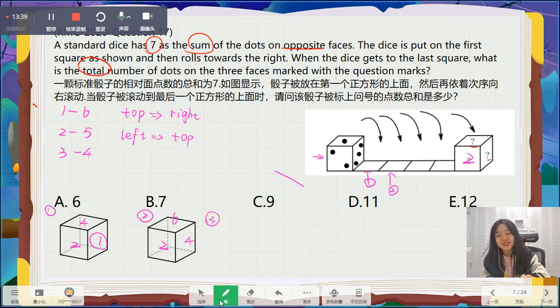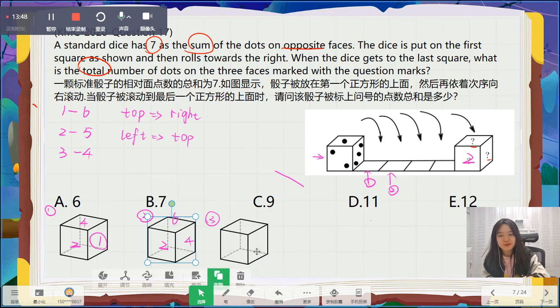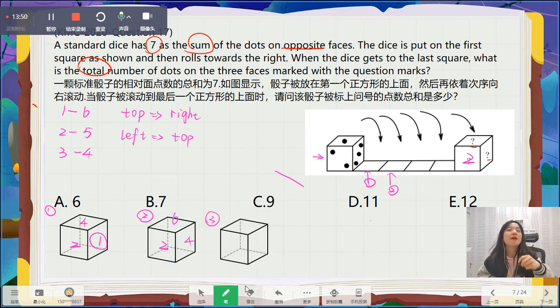And let's see the third shape. After we rotate it again, what will be on the top and right? 2 is still in the front. The top in the second shape should be our right now, and the left on the second shape will become our top. So that is opposite to 4, and that's 3.